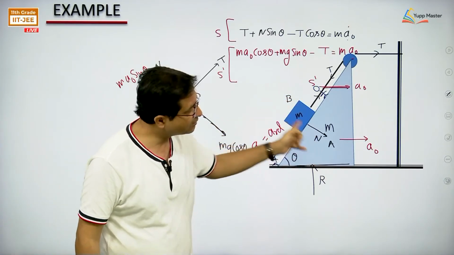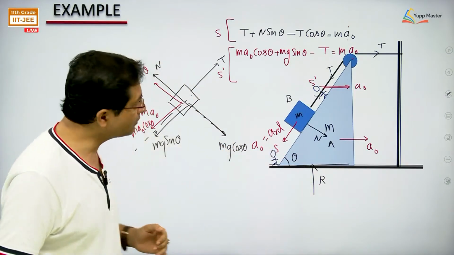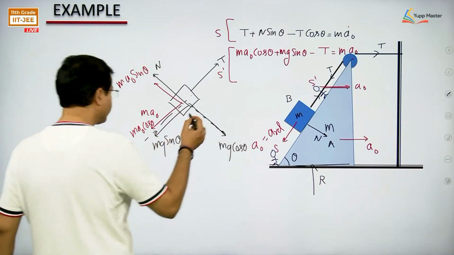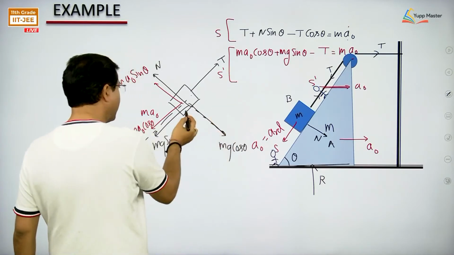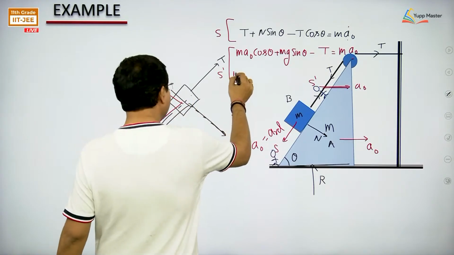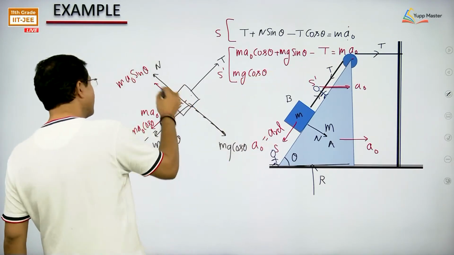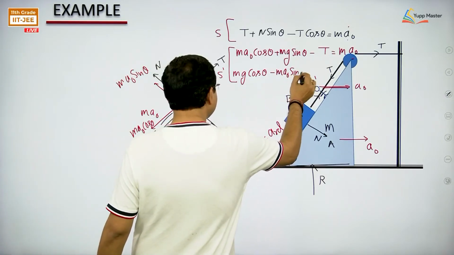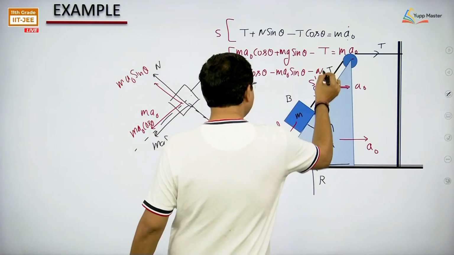So in this direction forces must get balanced. So perpendicular to the incline forces must be balanced. That means what I can write, mg cos theta must get balanced by mg cos theta minus ma0 sin theta minus N is equal to 0.